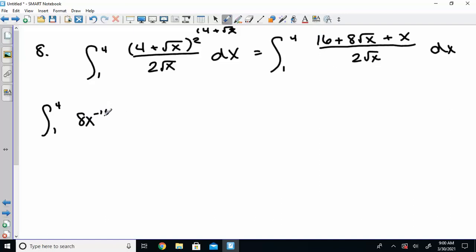If you bring that x up, it's x to the -1/2. Okay, second term, 8 radical x divided by 2 radical x is just a 4. Last term, this is like 1x over 2 square root of x, so that's 1/2 x to the 1/2.